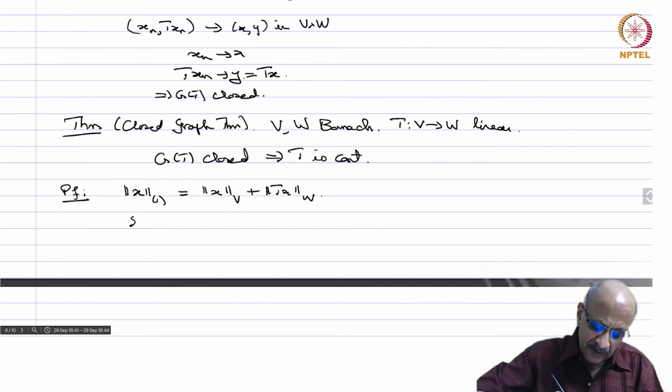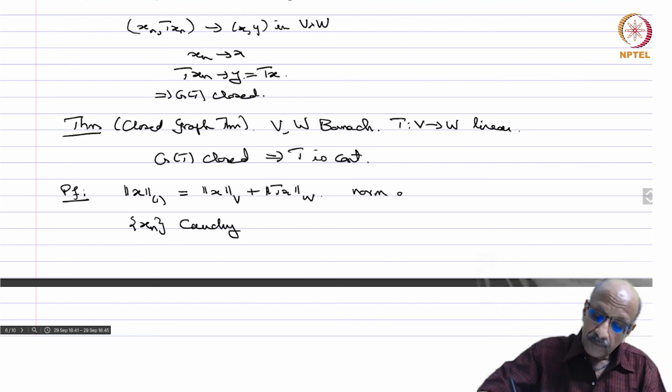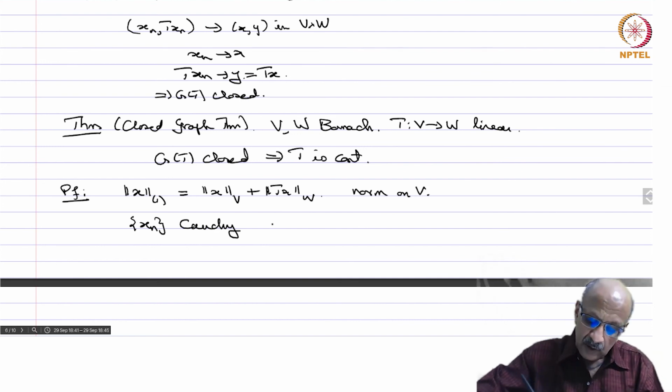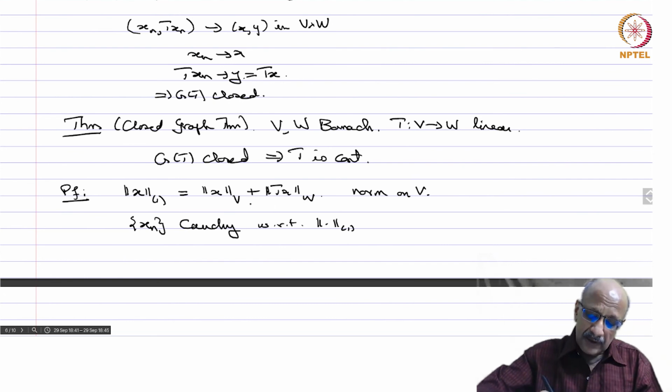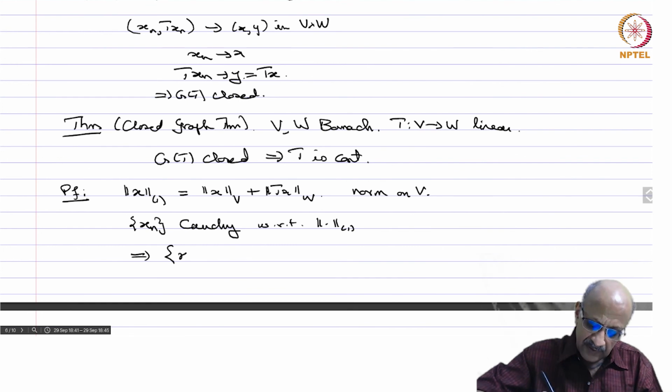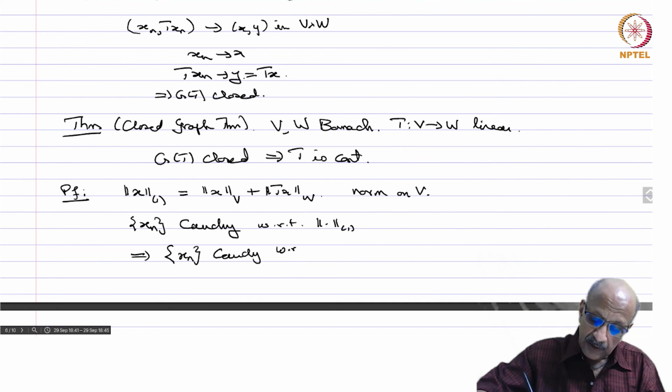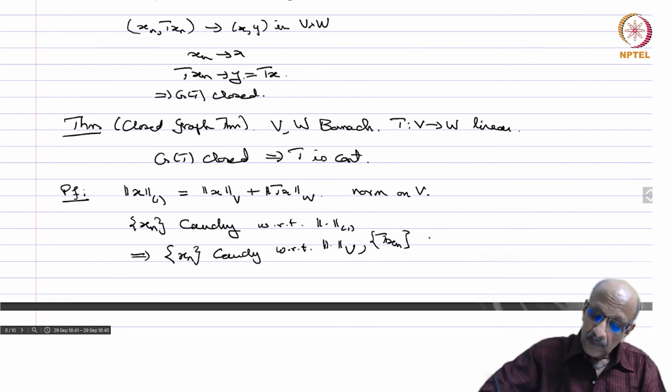So let us take xn Cauchy with respect to norm 1. But norm 1 is a sum of these two things, so this implies xn Cauchy with respect to norm V, and Txn Cauchy in W.